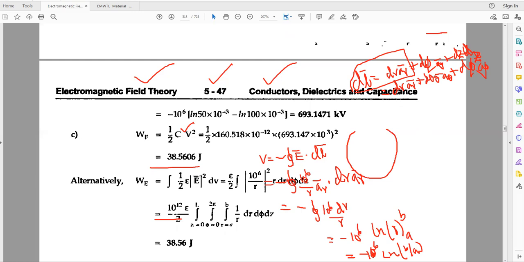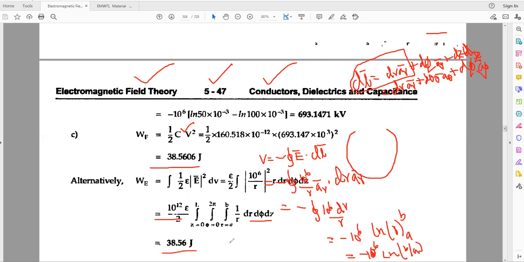Or otherwise, if we don't know this formula, we have W_E equal to the integral of 1 by 2 epsilon E bar square dv. E bar is already given directly, and epsilon is 10 epsilon naught. dv is the differential volume, with r dr dphi dz in the cylindrical coordinate system, since E bar is in the r direction. z is 0 to L, phi is 0 to 2 pi, and r is from a to b, lower limit a and upper limit b.